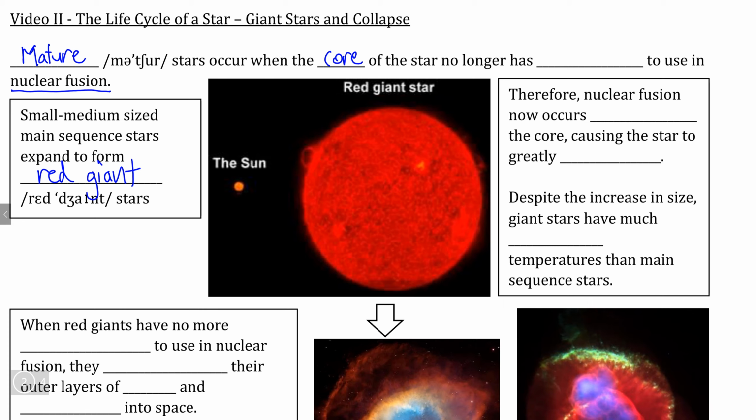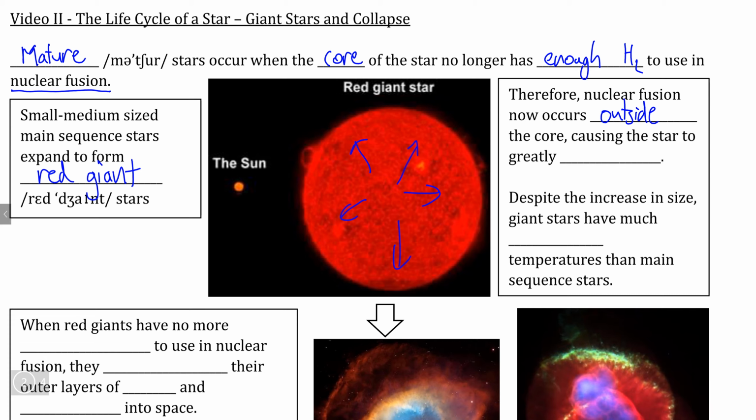And nuclear fusion relies on smaller elements such as hydrogen gas, but when the core no longer has enough hydrogen gas to perform this reaction, the core is no longer functioning. And as a result, instead of the core undergoing nuclear fusion, the nuclear fusion reactions now take place outside of the core in the rest of the body of the star.